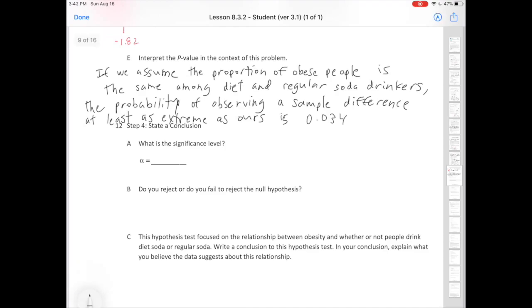Okay? All right, so that is what the p-value means.